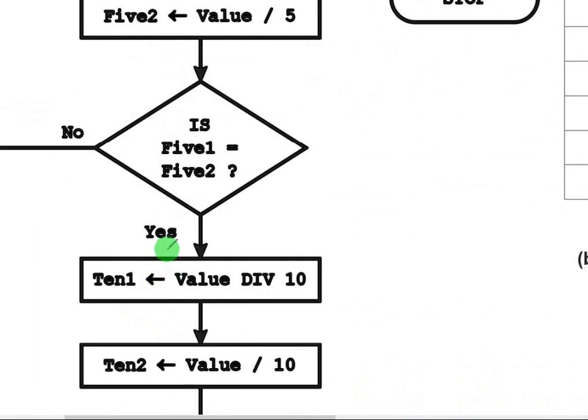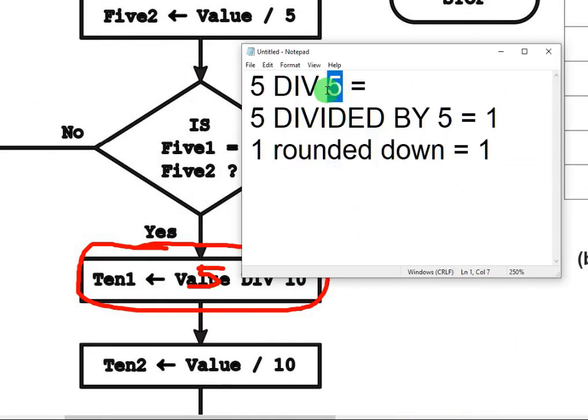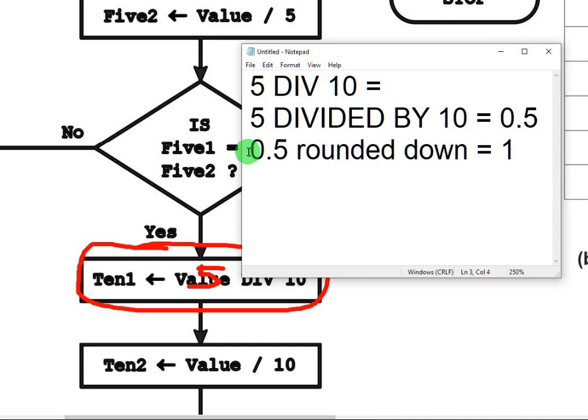So let's go down here. 5 div 10. If 5 is divided by 10, the result is 0.5, and now this 0.5 needs to be rounded down, so it becomes 0.